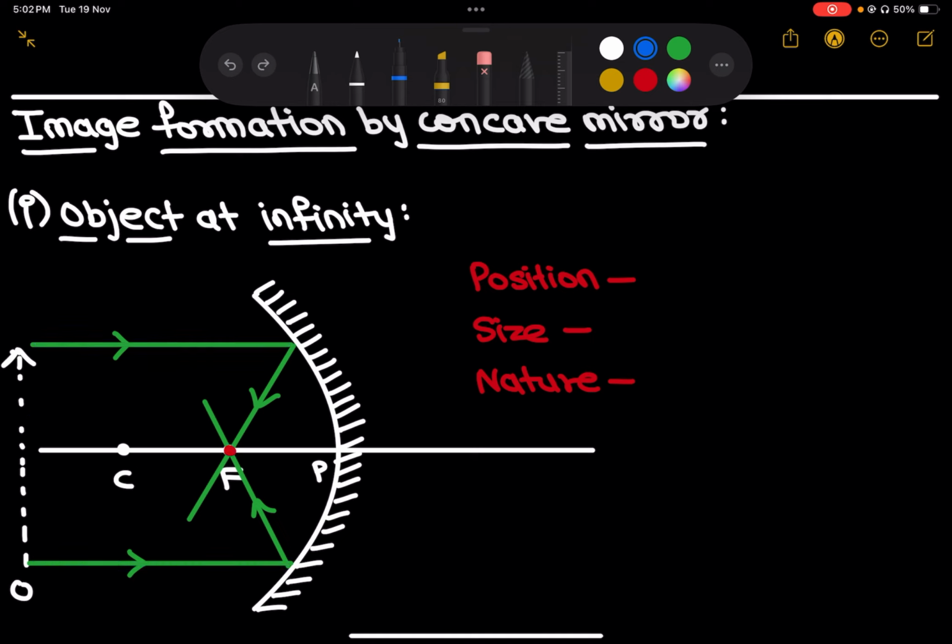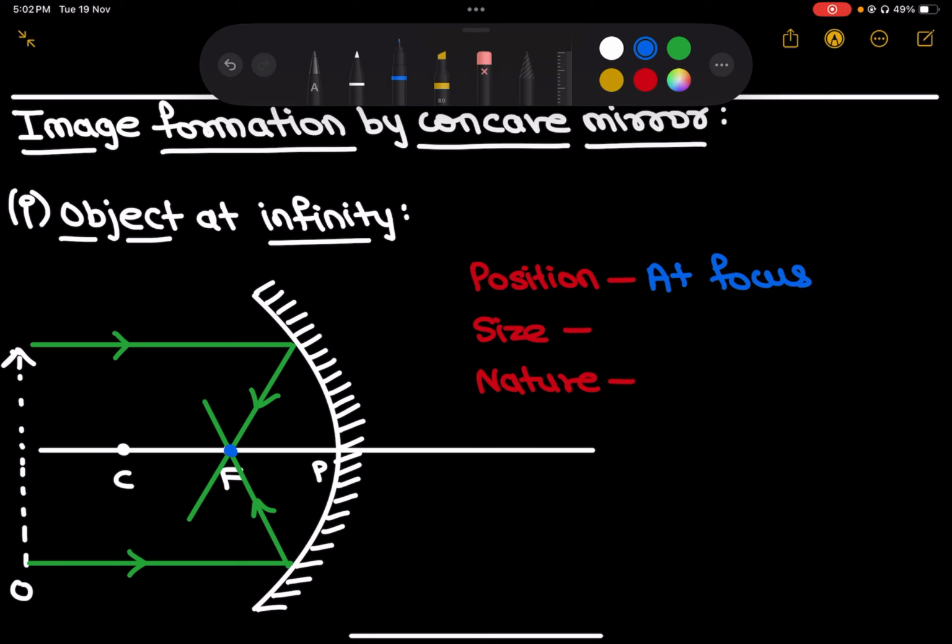Okay, so now we'll see. So you know now that the position of the object is at infinity, and the position of the image will be at the focus. So this tiny focus point is the image. You have to understand, such a large object, because the object is at infinity, right? So such a large object forms such a tiny image at the focus.